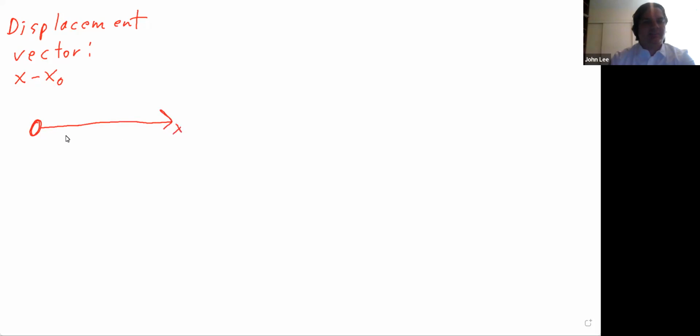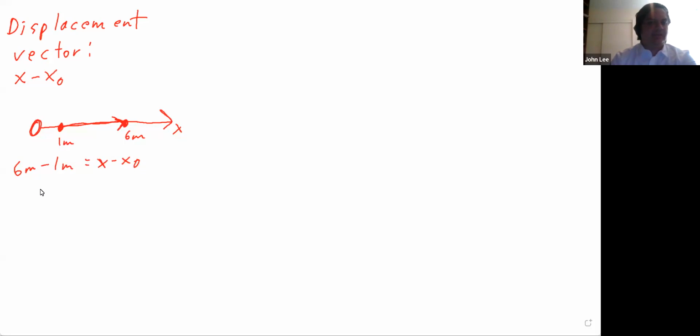and this is your position, this is how far along you've walked on it. If you start out 1 meter out and you end up 6 meters out, then your displacement is going to be from this initial 1 meter for the tail to the 6 meters for the head of the arrow, and that's going to be equal to 6 meters minus 1 meter equals x minus x naught because it's your final position minus the initial position.